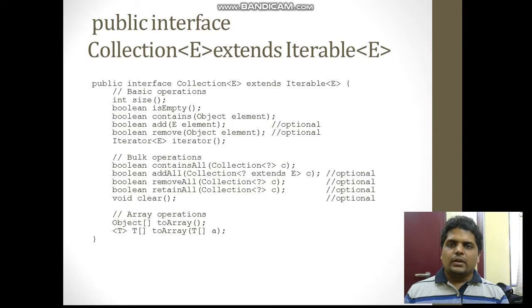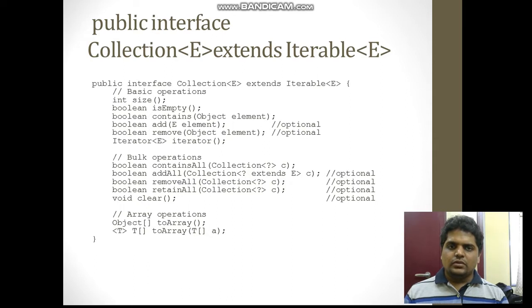As I told, Collection is the root hierarchy interface or the main interface that extends the Iterable interface. So this is a code snippet of the Collection interface. As you can see, there is public interface Collection<E> extends Iterable<E>. Note here, E is the generic over here, and it can hold any kind of data type.